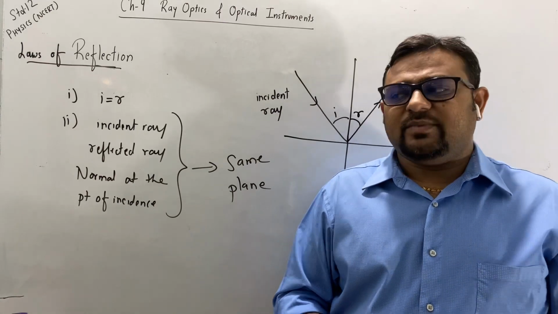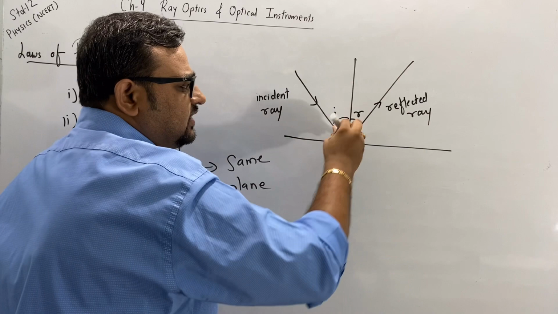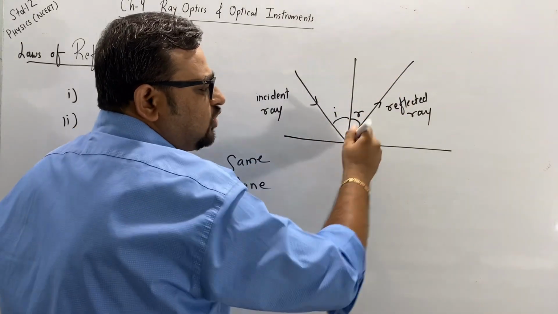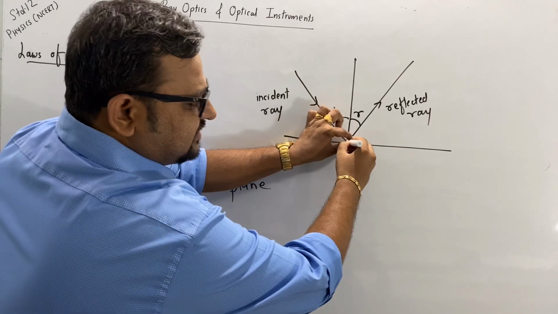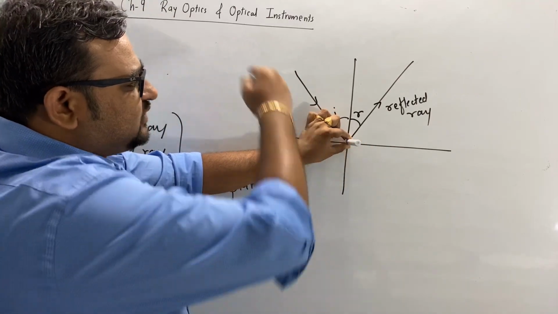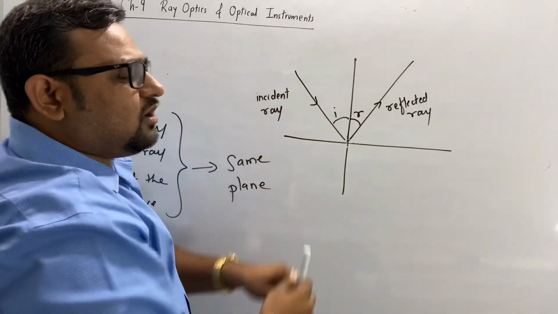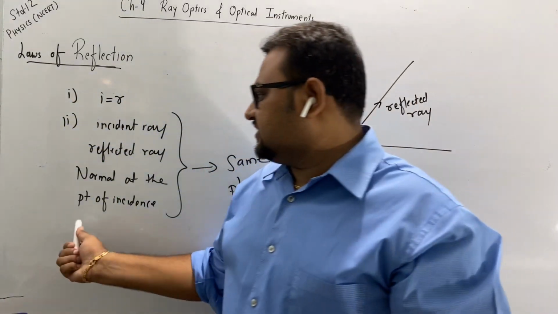Remember this. It cannot be that the incident ray is in this way, the reflected ray is in this way, and the normal is in this way. I cannot draw the normal in this way. All three must be in the same plane. So this is the second point.